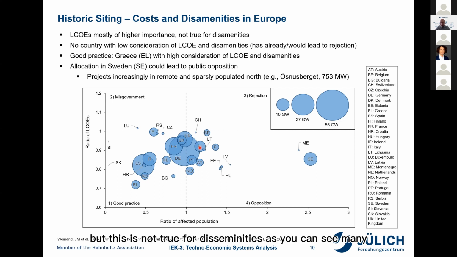But this is not true for disamenities. As you can see, many countries are above the threshold here. And no country is located in this third quadrant where the ratios of both criteria would be above 1, and this is probably because the projects which would be planned here would have been rejected.